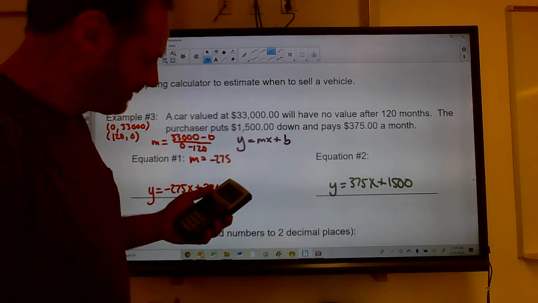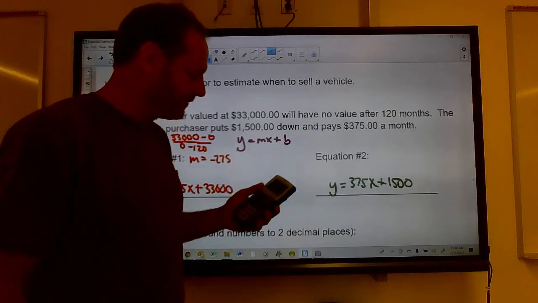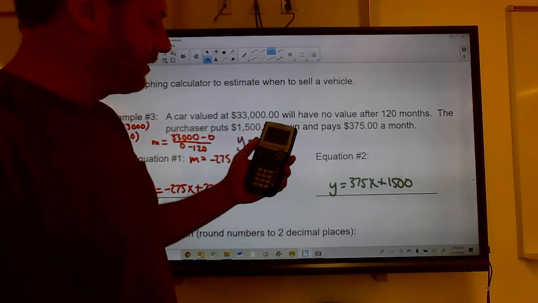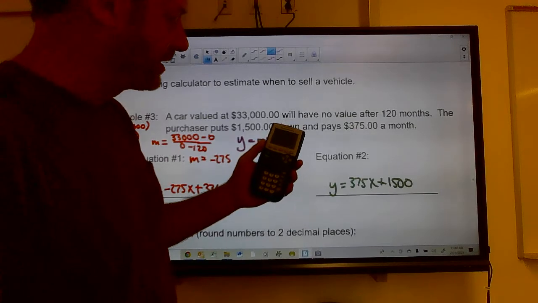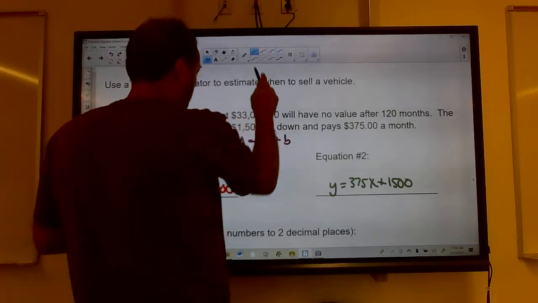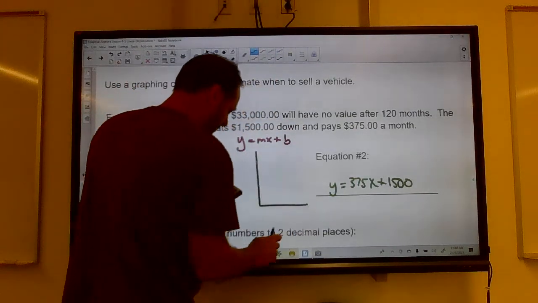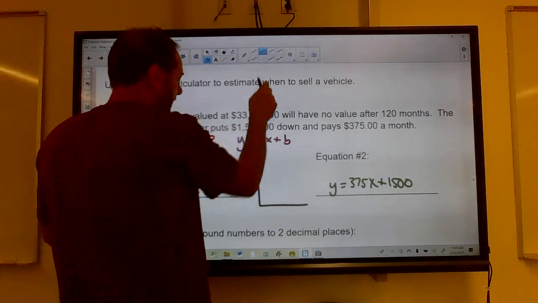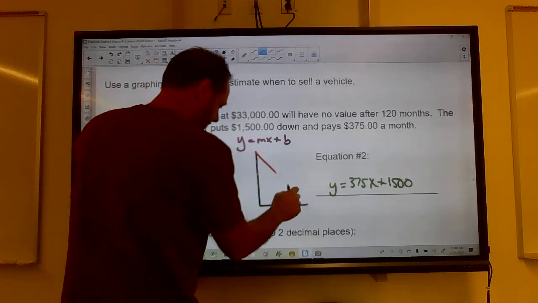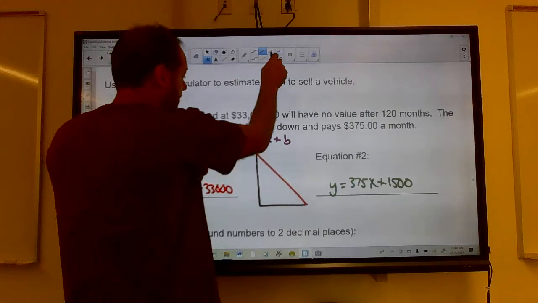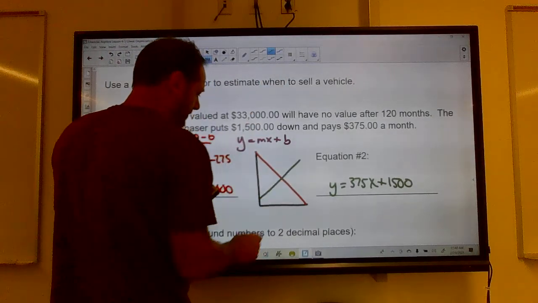Now if I hit graph, I can see my one equation, and there's my other equation. The red equation goes like this, and my green equation goes like this.